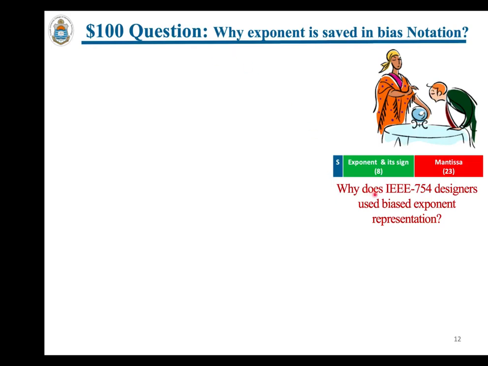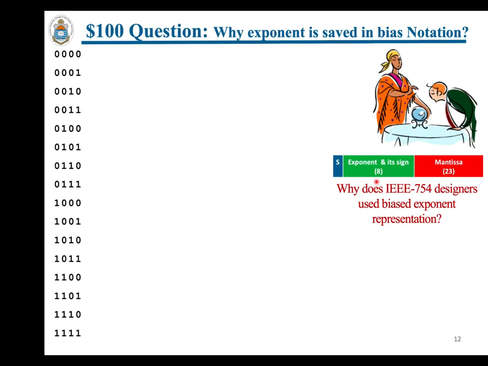Well, over here the bits used to store the exponent and its sign are 8. To keep the calculation simple, let us assume that we have 4 bits to store the exponent. So in 4 bits, these are the possible combinations in binary, starting from 0000 to 1111.